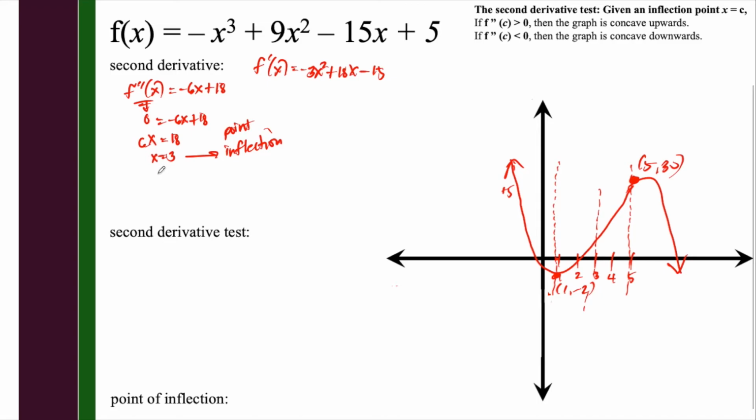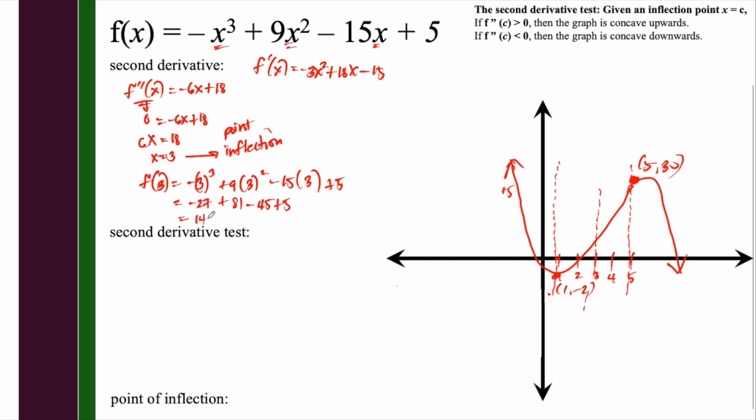So if you want to get the actual point of inflection or the ordered pair of the point of inflection, simply substitute that value to the original equation. So when we substitute that, that will be negative cube of 3, plus 9 times the square of 3, minus 15 times 3 plus 5. So that's negative 27 plus 81 minus 45 plus 5.